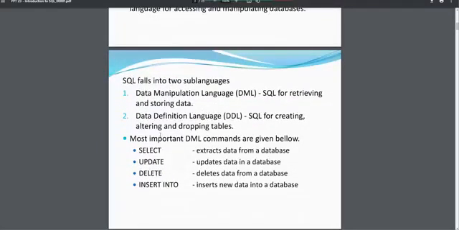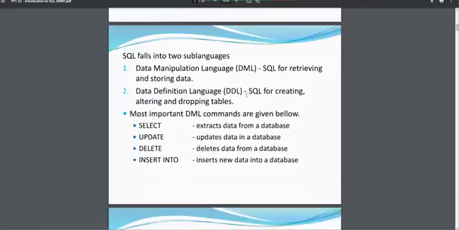SQL falls into two sub-languages: data manipulation language, where manipulation means managing related things, as we mentioned, and data definition language. DDL is SQL for creating, altering, and dropping tables. So create means defining, altering, and dropping.